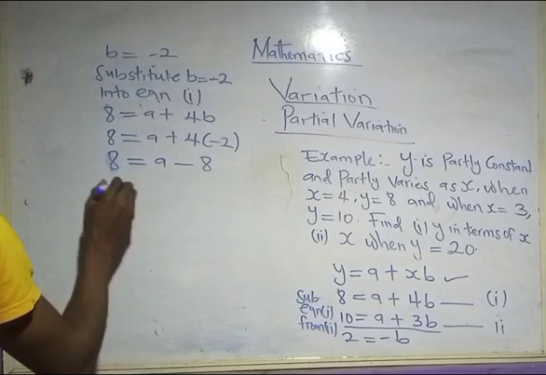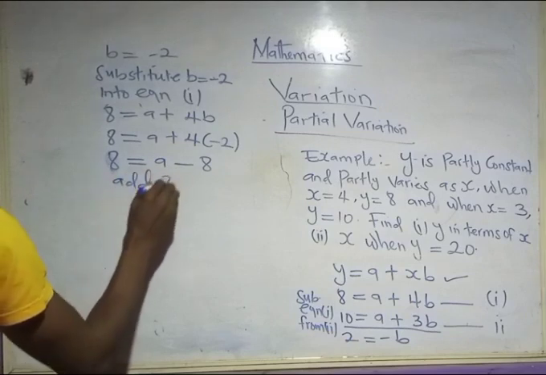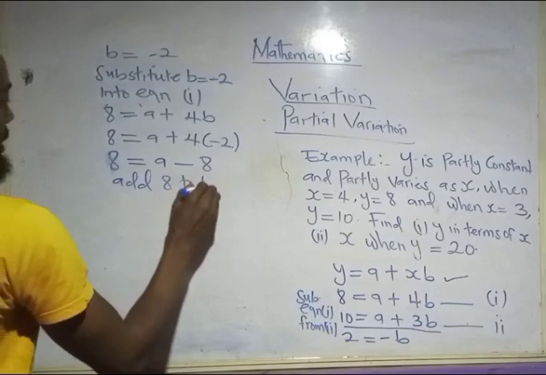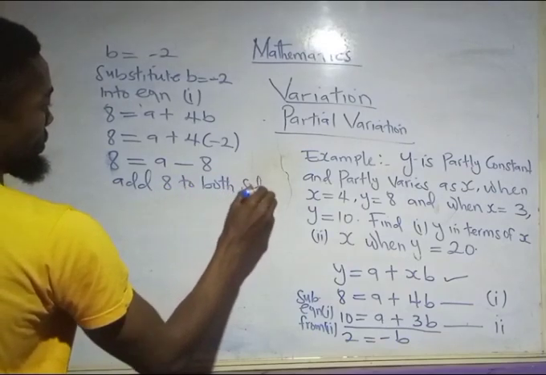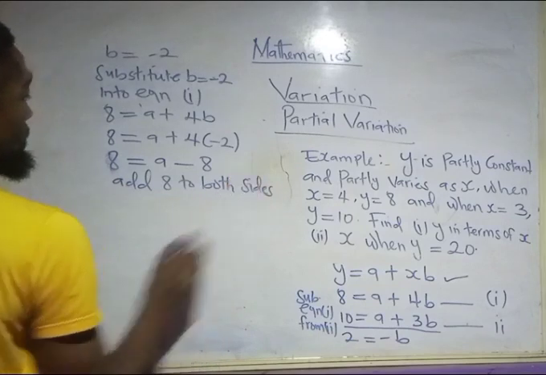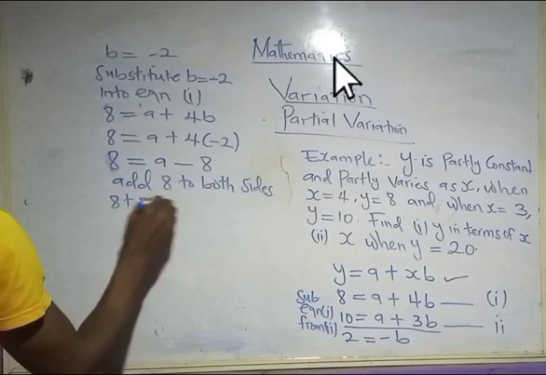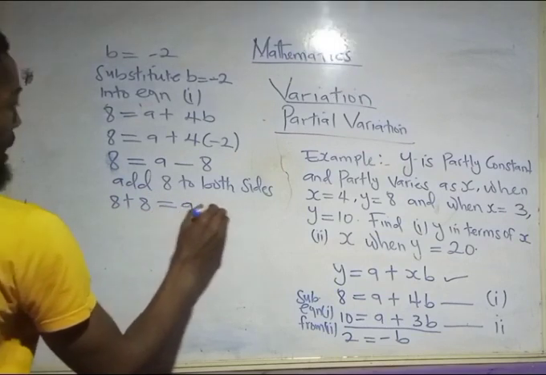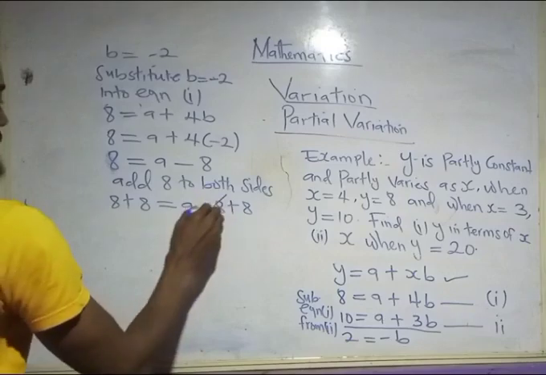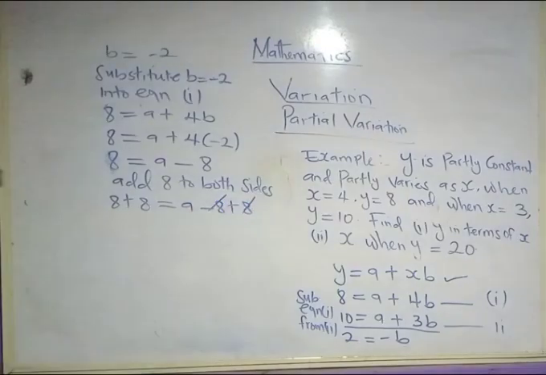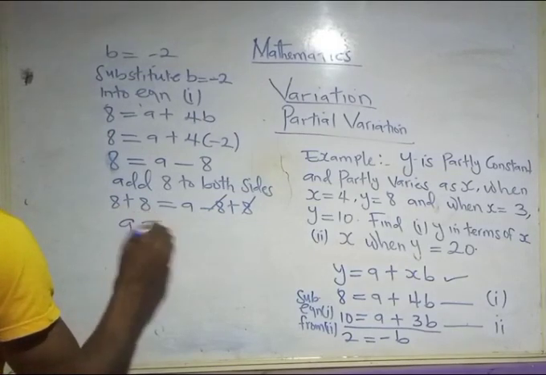Add 8 to both sides. We have 8 plus 8 equals a minus 8 plus 8. Minus 8 plus 8, we cancel each other here because it's equal to 0. And we have our a equals 8 plus 8, which is 16.